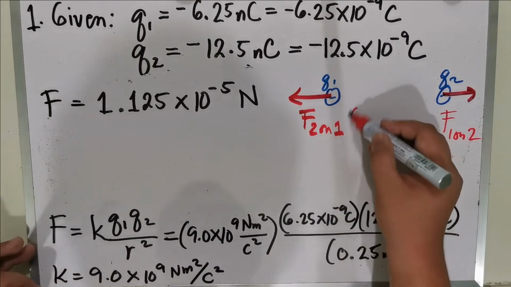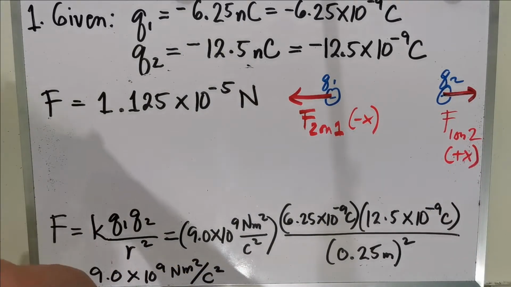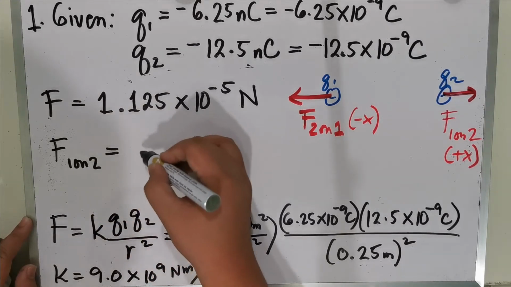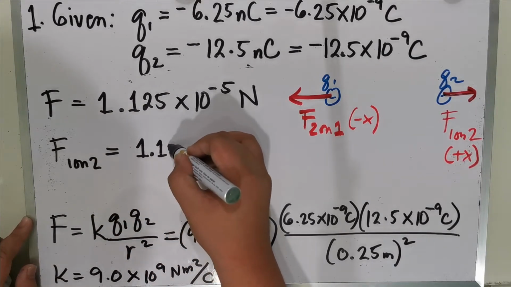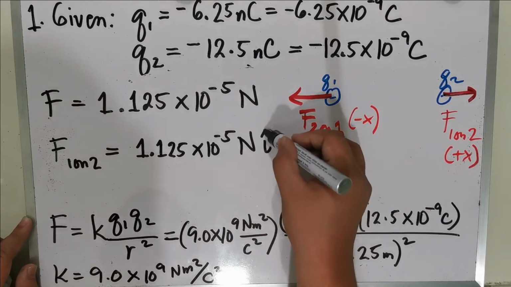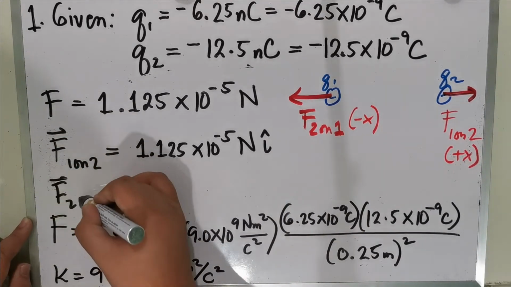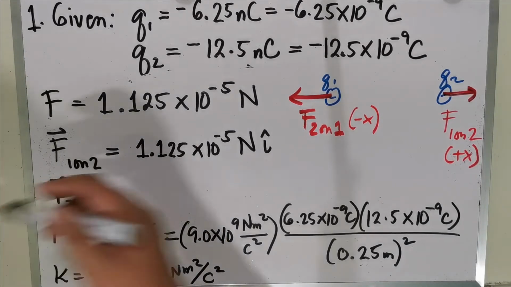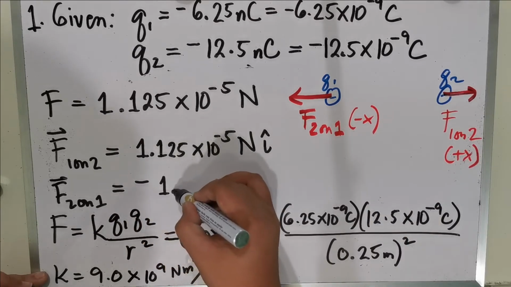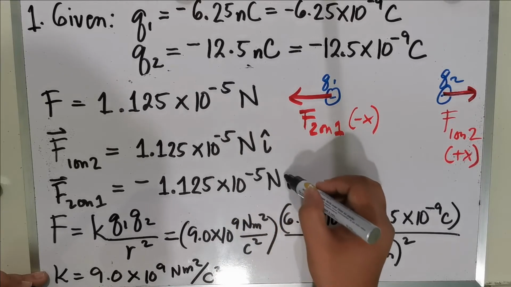So with this idea nga this is negative X and this is also positive X, then we have the answers now that our F1 on 2 would now be equal to 1.125 times 10 to the negative 5 Newton, and this is directed I hat, while on the other hand F2 on 1 would be equal to negative 1.125 times 10 to the negative 5 Newton I hat.